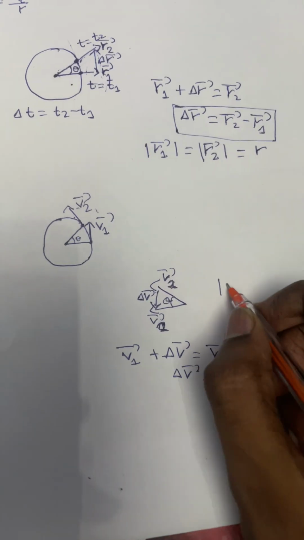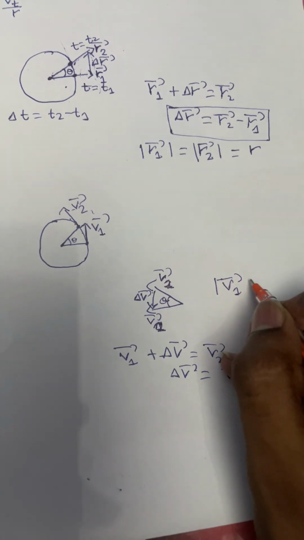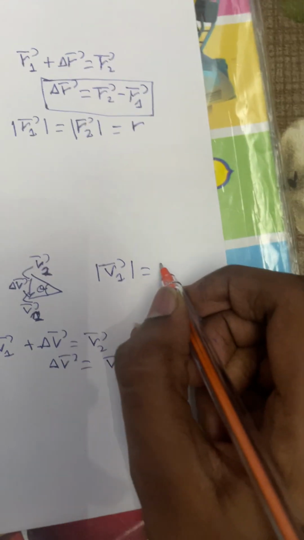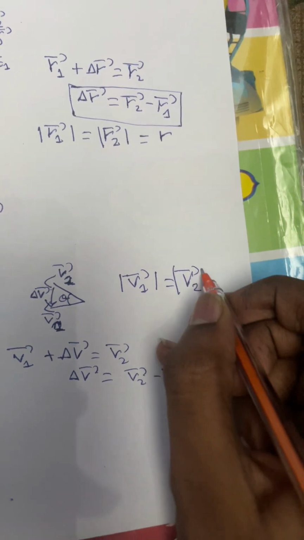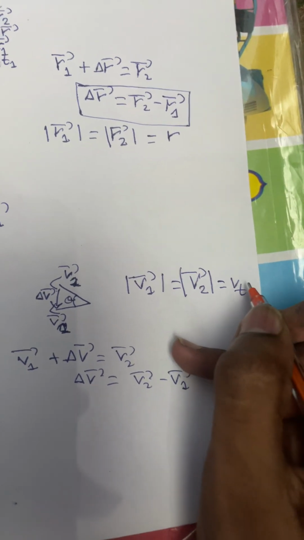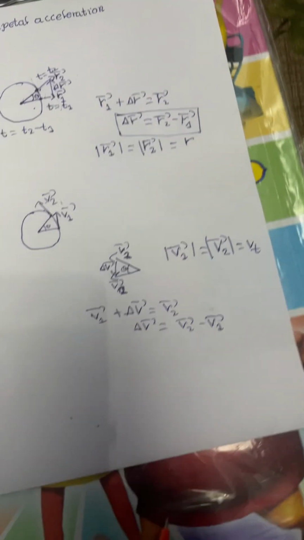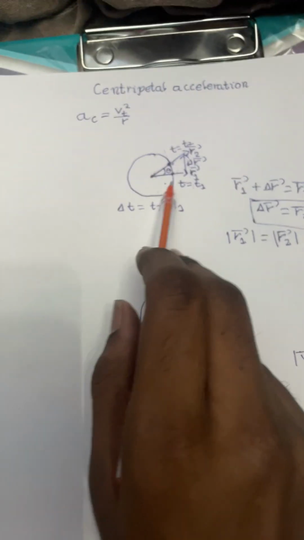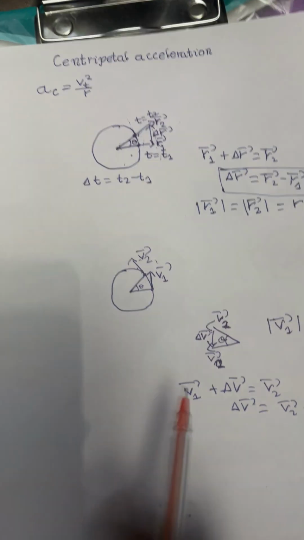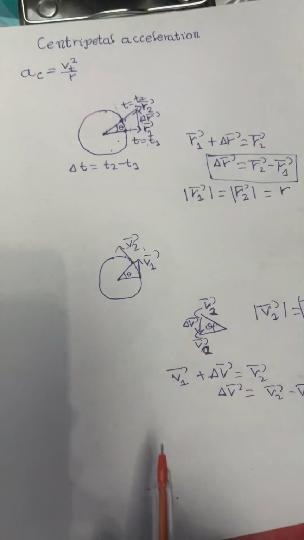and the modulus of v1 bar equals the modulus of v2 bar equals the tangential velocity, right? And we can observe that these are similar triangles, as the angle was the same.